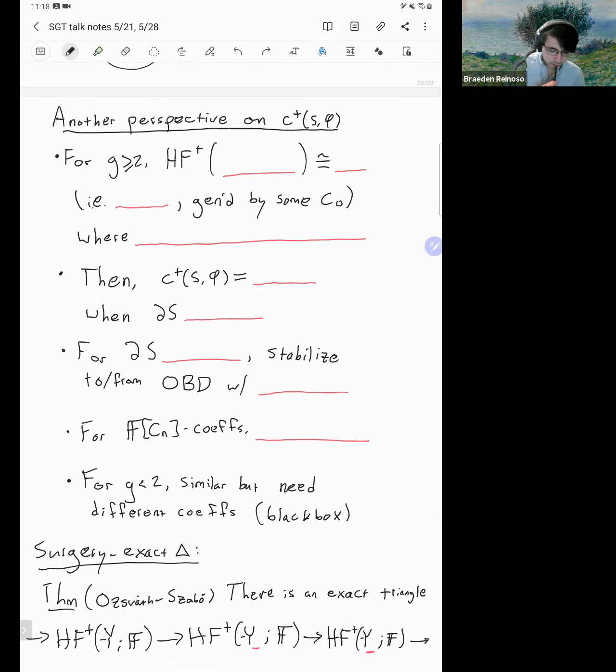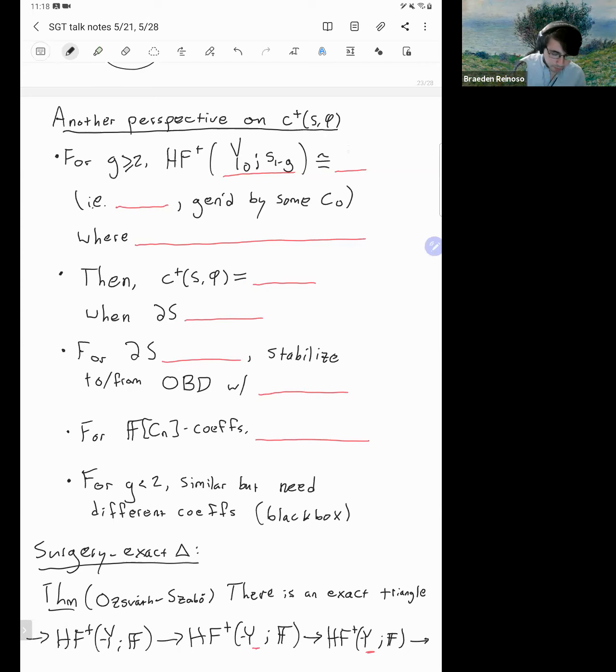But the point is that you can define the contact class as the image of some element in a surface bundle, where you think about capping off a single binding component. So for g greater than 2, you have that HF plus of Y0, where you need to be careful about some spin C structure, which I'm going to completely gloss over.